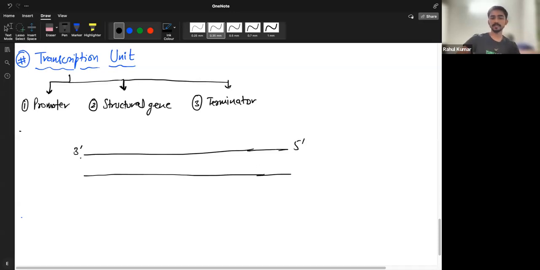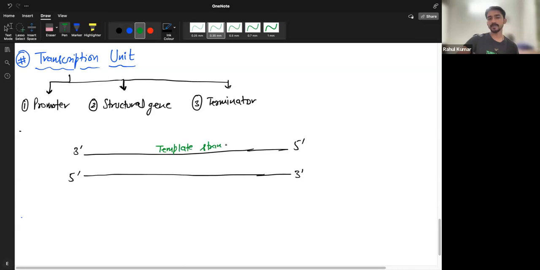It tells you that in this strand, phosphates are on the left-hand side of the screen, and the OH group is on the right. Here it's 5' to 3', which means it is opposite. Now, the strand which is 3' to 5' is called the template strand.